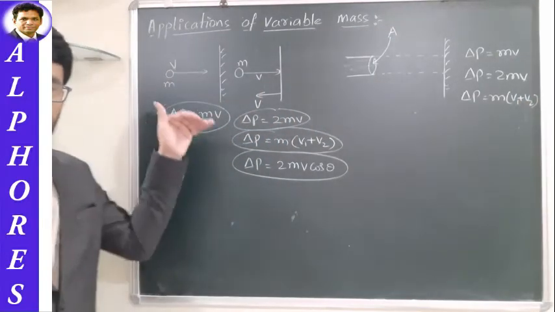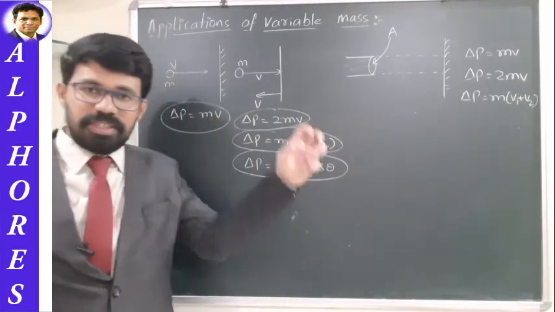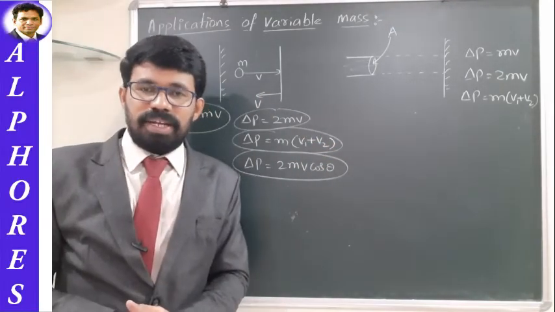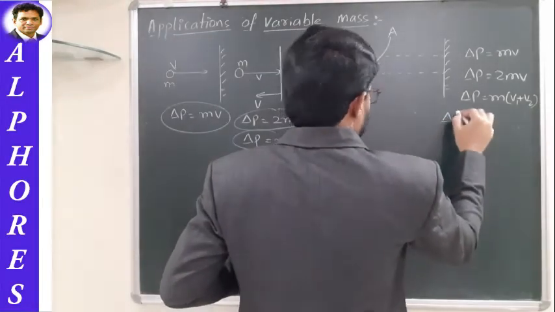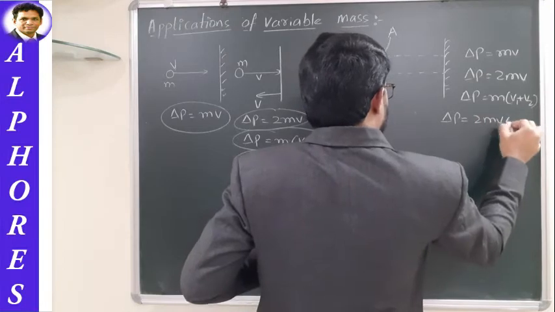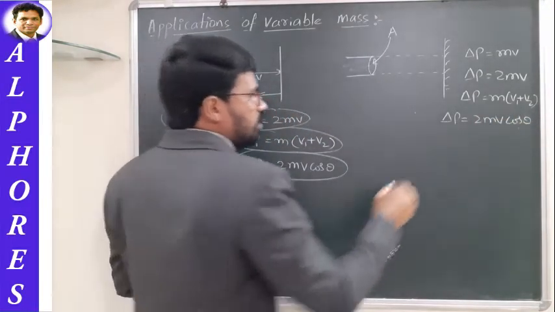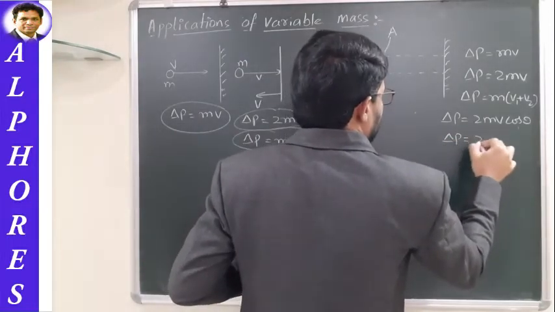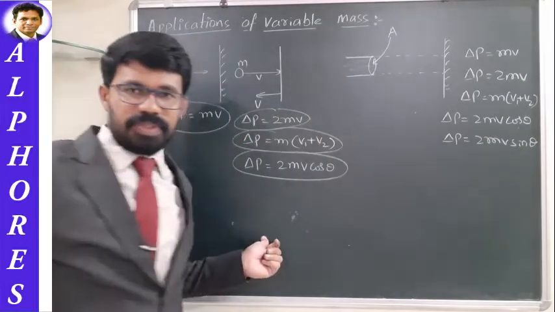If the ball is striking the wall at some angle theta with the horizontal, change in momentum is 2mv cos theta. If this angle theta is made with the wall, change in momentum is 2mv sin theta. That's how you can write.